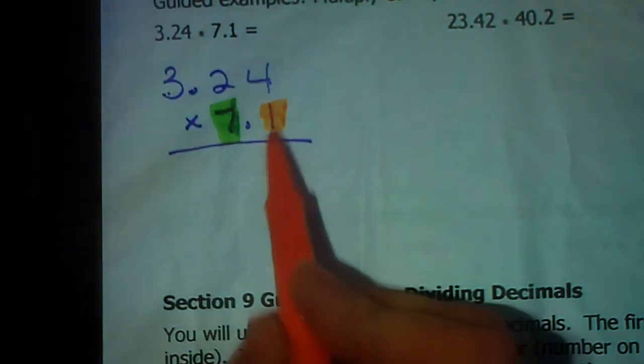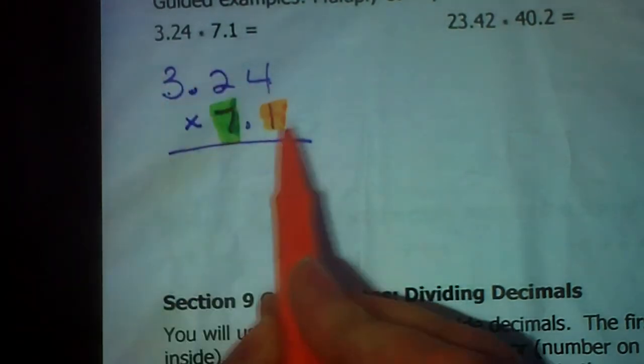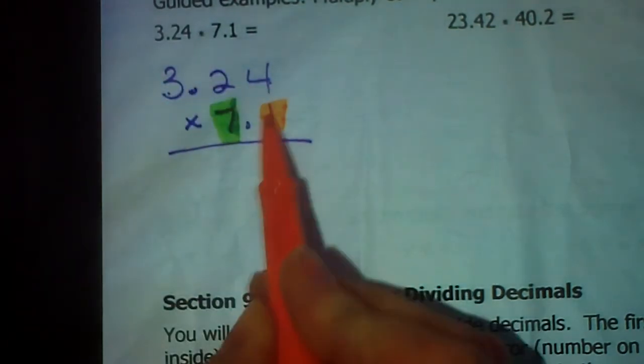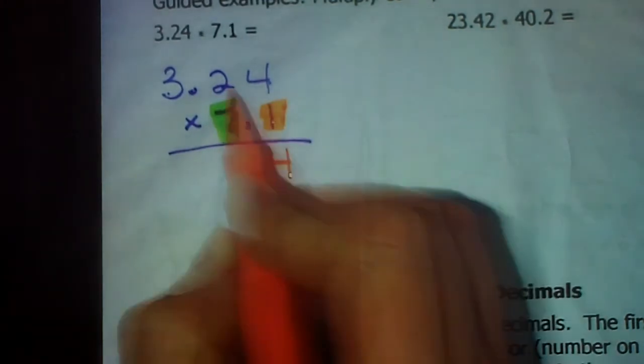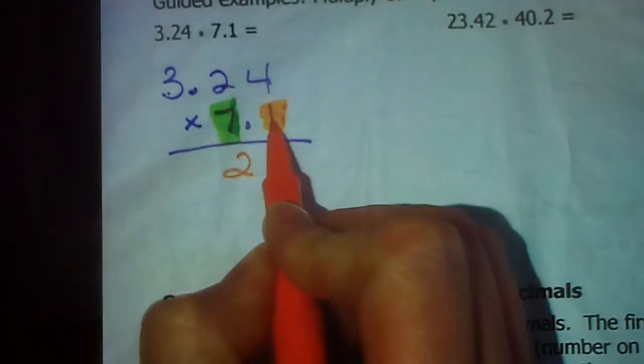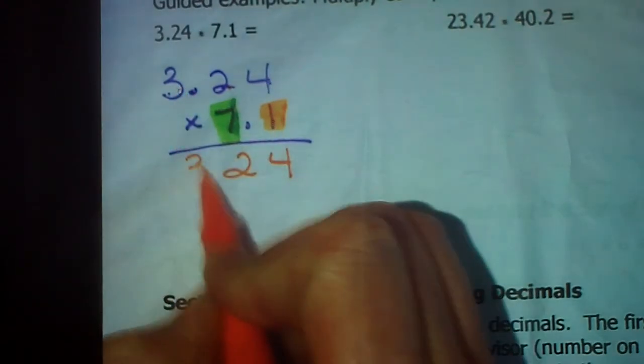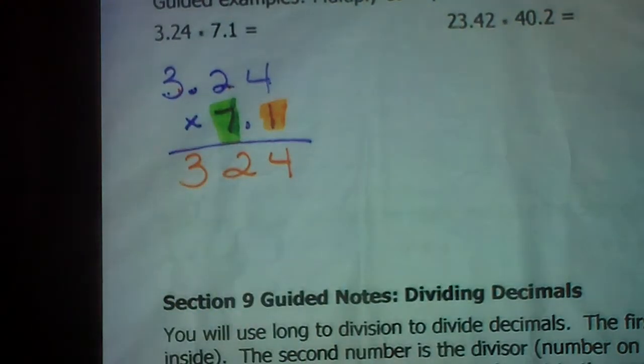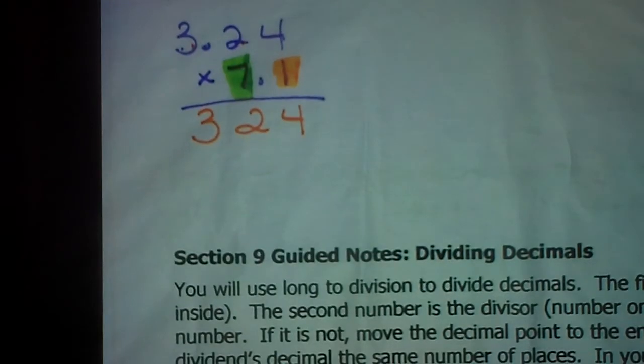So I'm going to multiply everything on top by 1, using orange. 1 times 4 is 4, 1 times 2 is 2, and 1 times 3 is 3. Notice I'm ignoring those decimal points right now. We're just going to multiply everything traditionally for a moment.